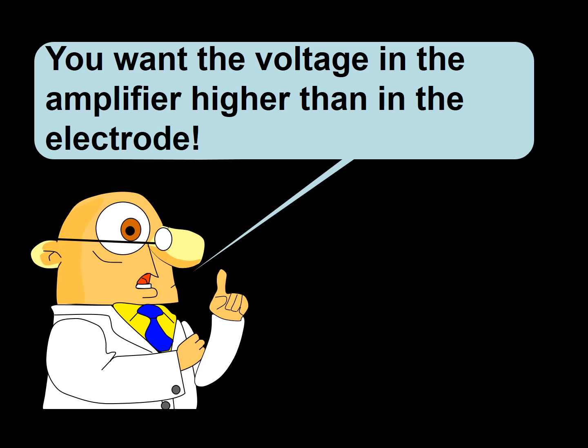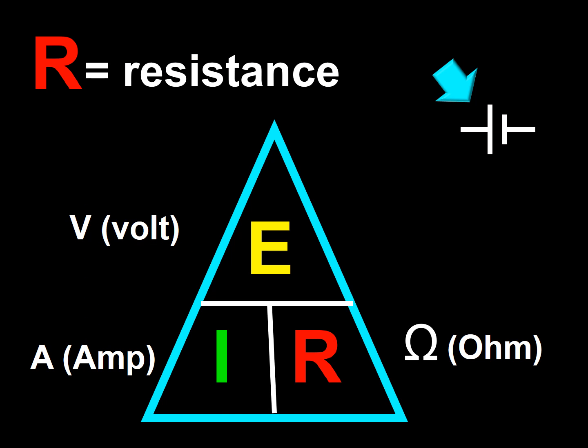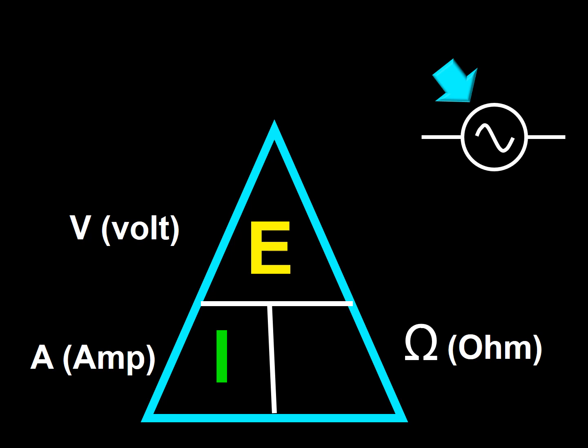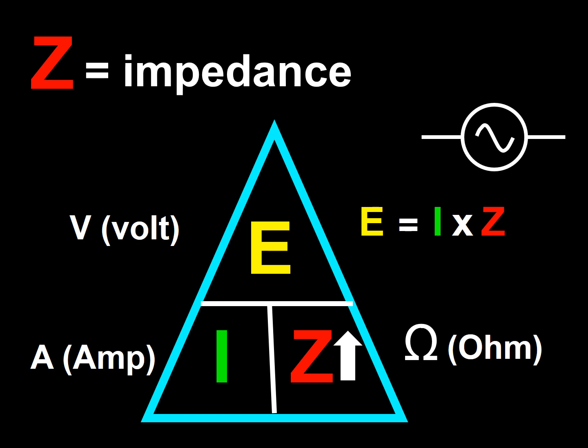To understand the importance of high input impedance, it is imperative for us to remember that in order to have high voltage in the presence of a fixed current in a direct circuit, resistance needs to be high, and that the same occurs when dealing with alternating current. In the presence of a fixed current, the higher the impedance, the higher the voltage.